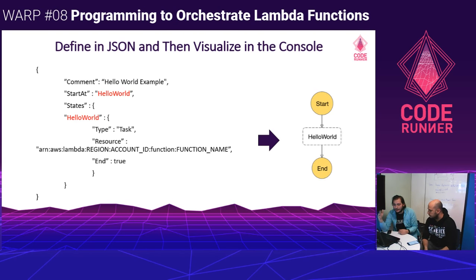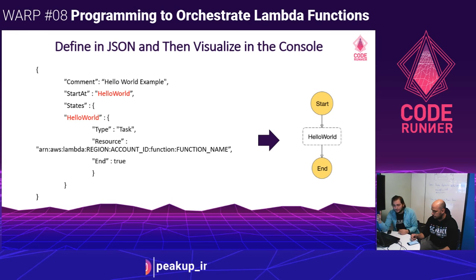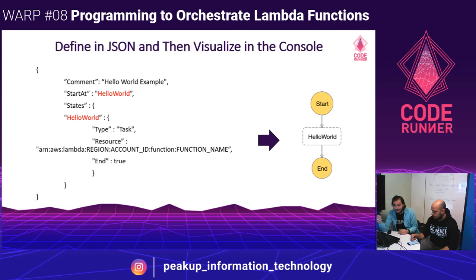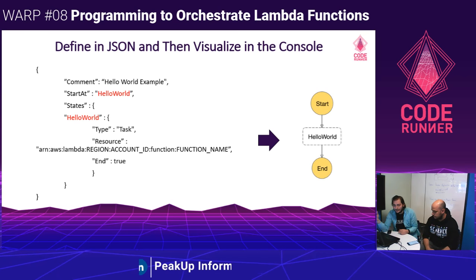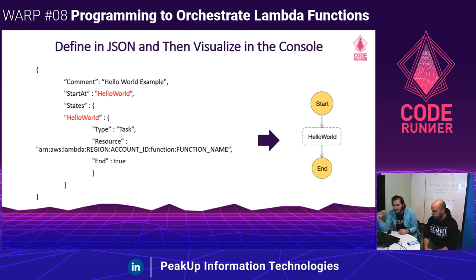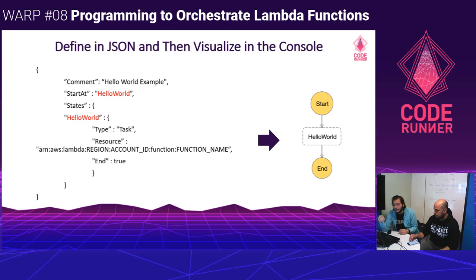There's a comment if you want to put one, and you define which function starts first, and after that, in that function, you tell the type of this. It can be a task or a pass type of node, and you tell the resource name for it.